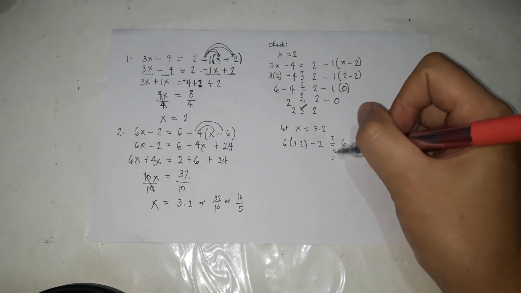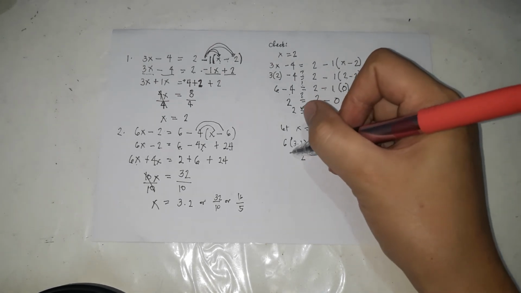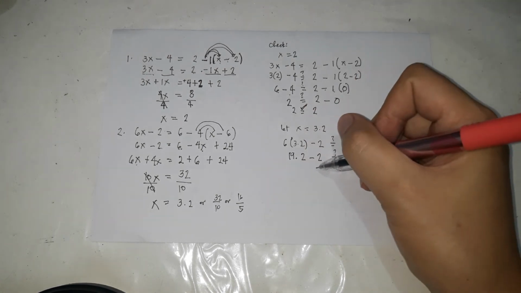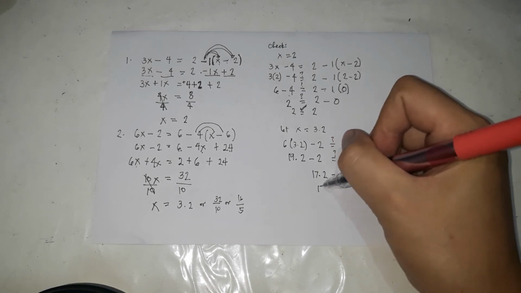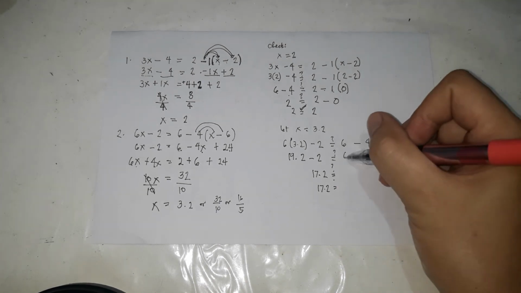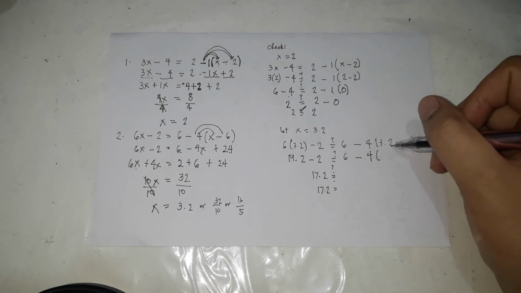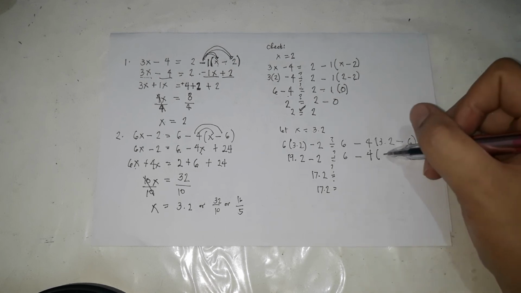So we'll start with the left side first. 6 times 3.2, that's 12, carry 1, 18, 19.2, minus 2, that's 17.2. Are they equal? 6 now, copy minus 4. Let's start with what is inside the parentheses. 3.2 minus 6, that's 2.8.